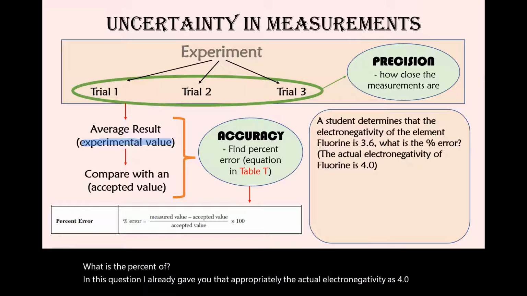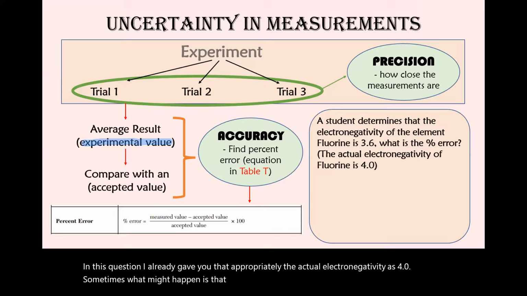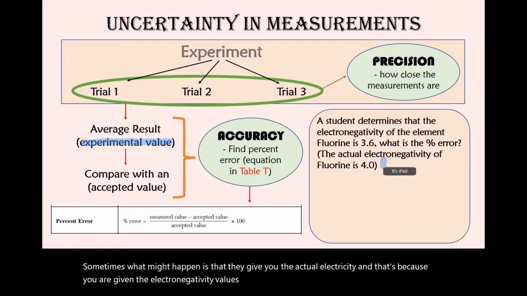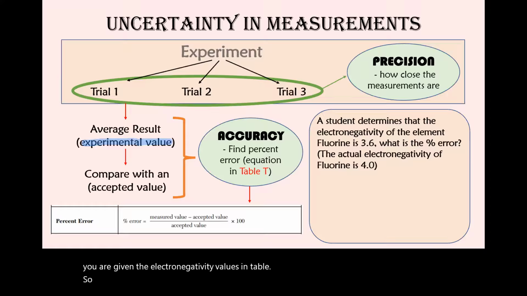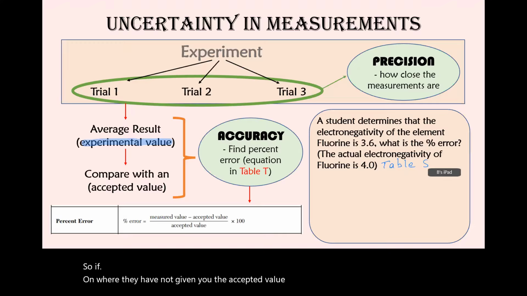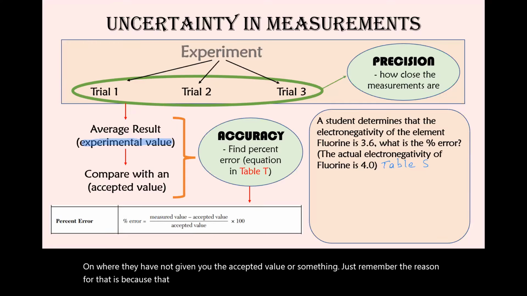Sometimes they might not give you the actual electronegativity of fluorine, and that's because you are given the electronegativity values in Table S. So if that ever happens, where they have not given you the accepted value of something, just remember that the reason for that is because that thing is given somewhere. So look through your reference table to see where that quantity is given.